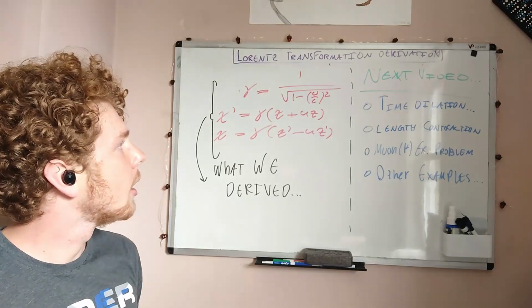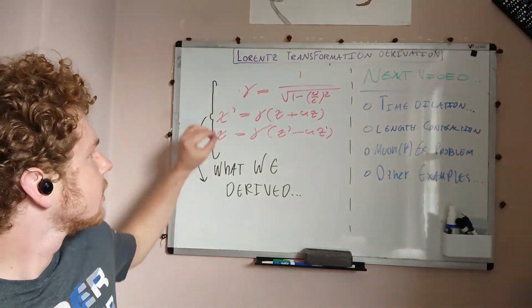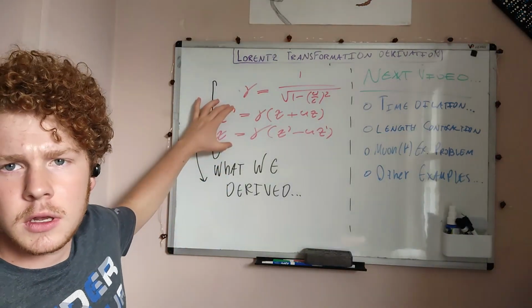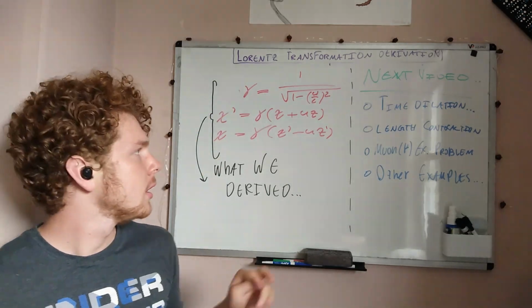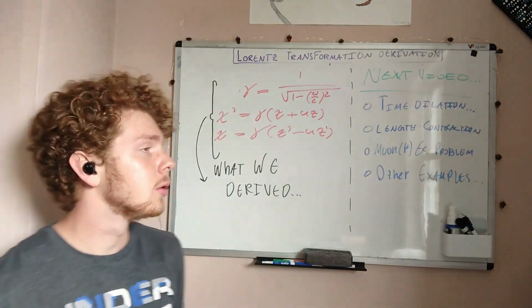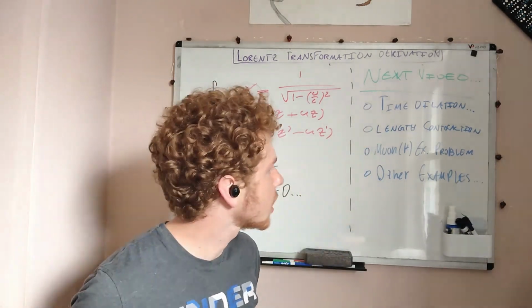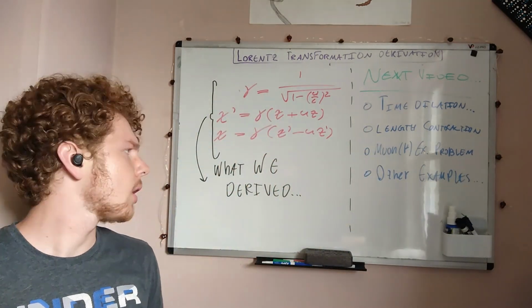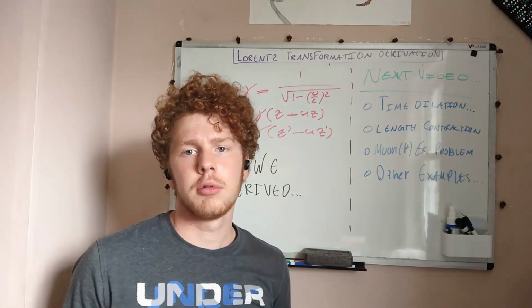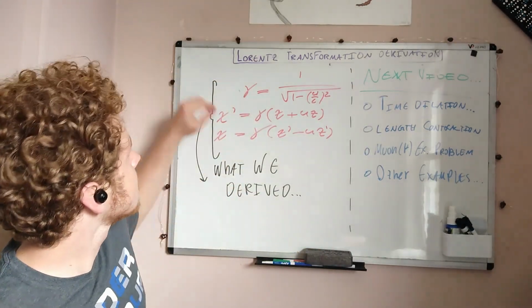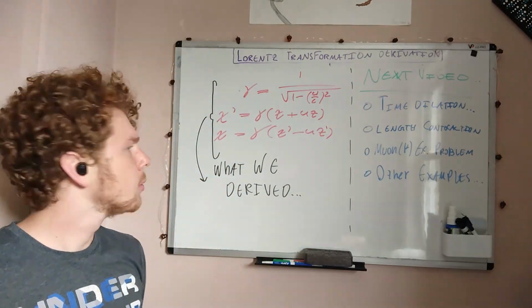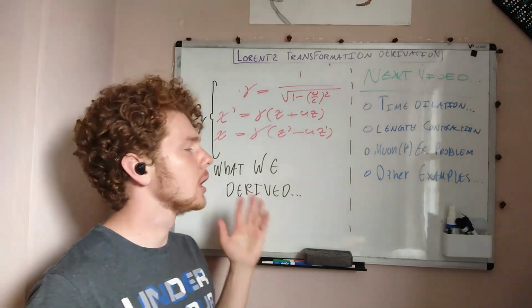We didn't really touch on solving for time, but we're going to get to that in the next video, which will include time dilation, length contraction, and a muon example problem. These are consequences of what all this says, and the limits of this.